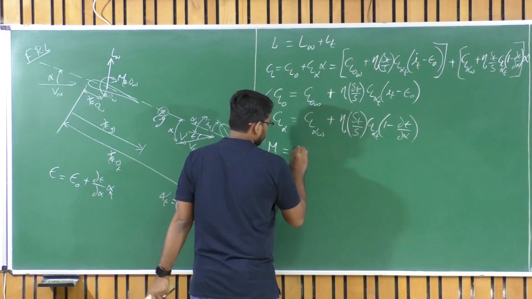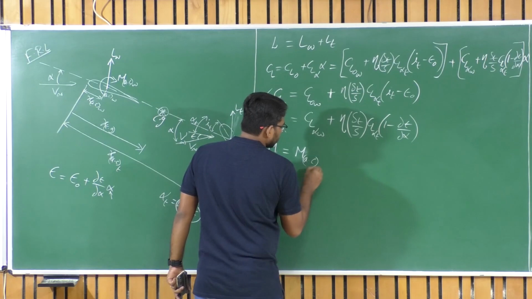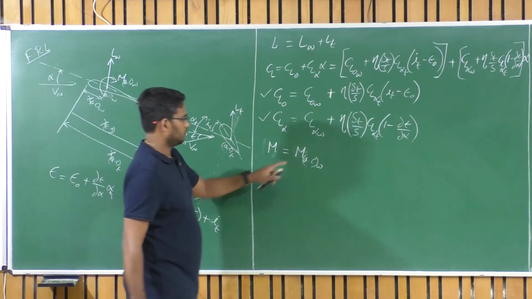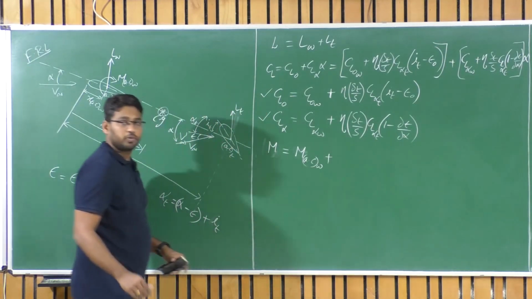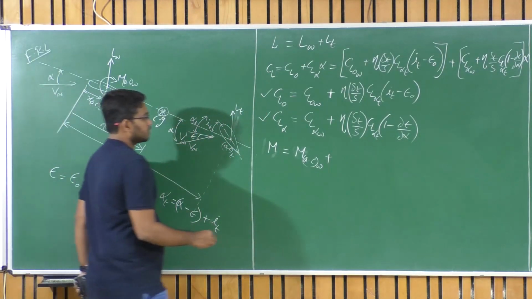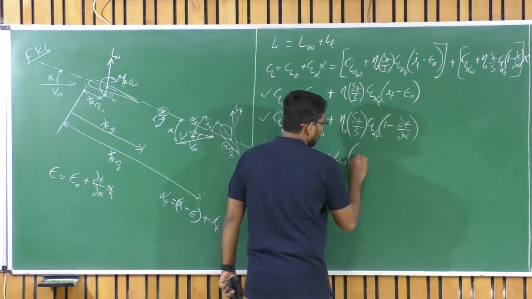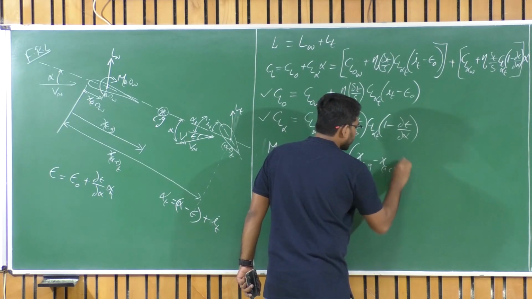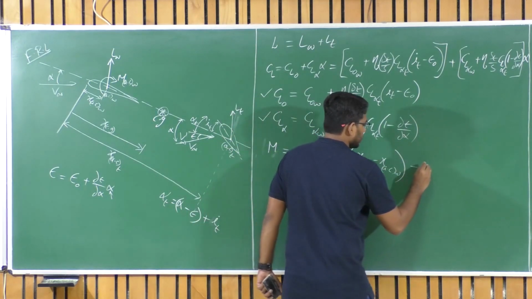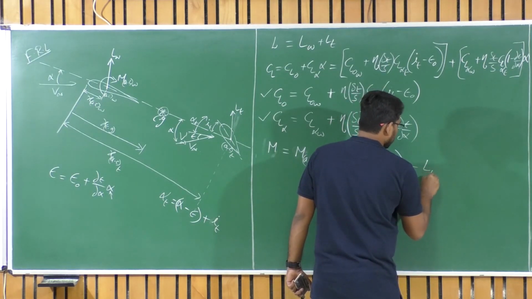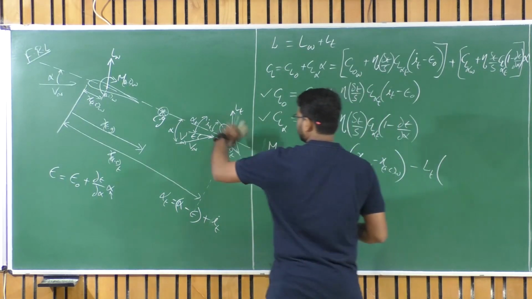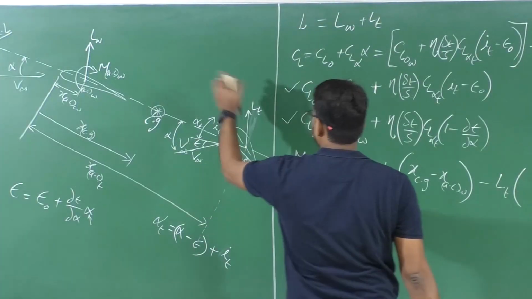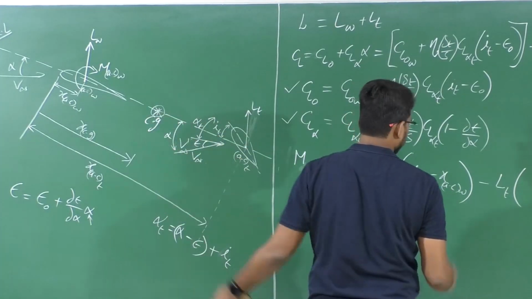by the wing. Apart from that, the wing also has a moment about the aerodynamic center. The wing has a component which is the moment about the aerodynamic center of the wing, and then there is a positive contribution of lift from the wing times the xCG minus xAC of wing, which is the moment arm, minus eta, or say lift of tail times, since it's a symmetric airfoil, the moment about the aerodynamic center of the tail is 0, and this lift from the tail contributes towards negative moment, that's why minus.